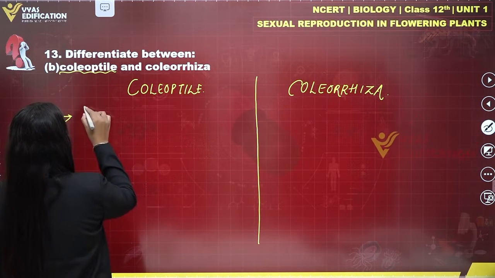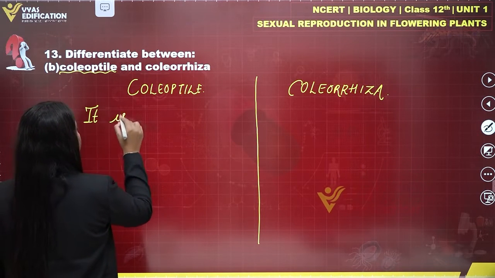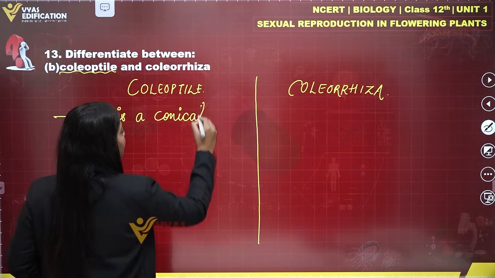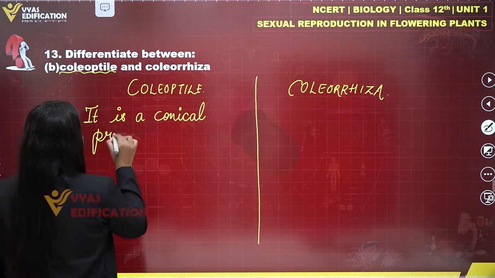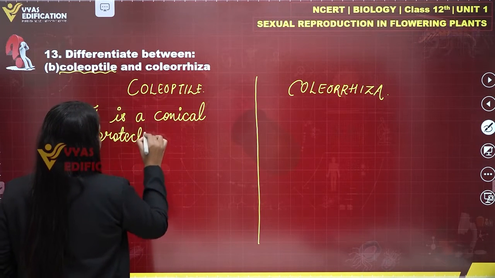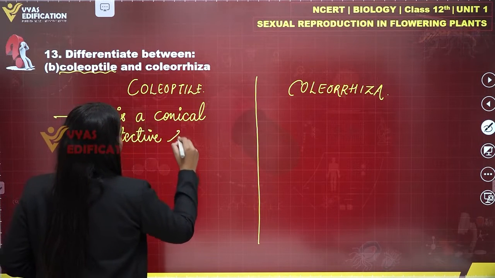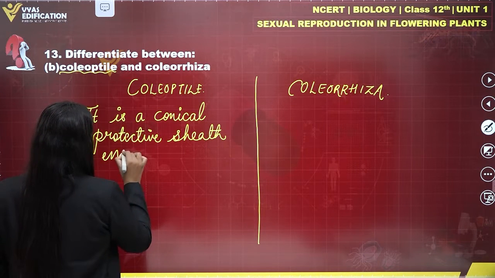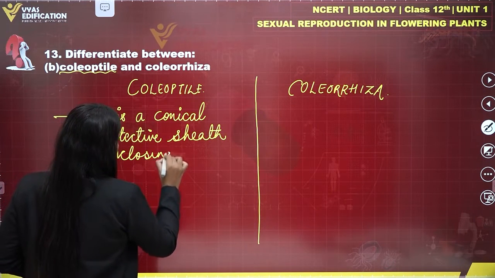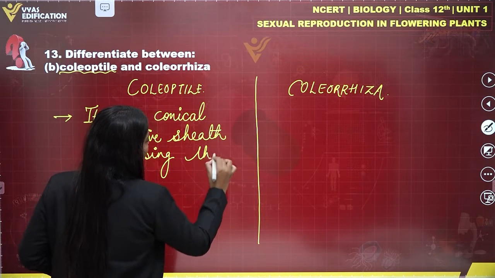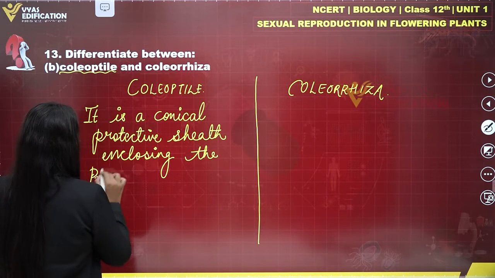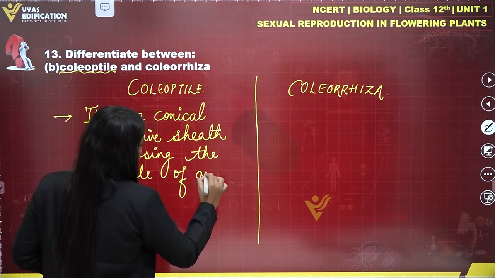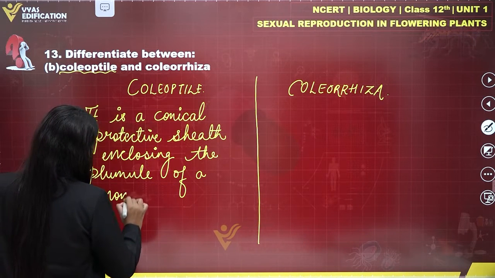So coleoptile is a conical protective sheath enclosing the plumule of a monocot seed.